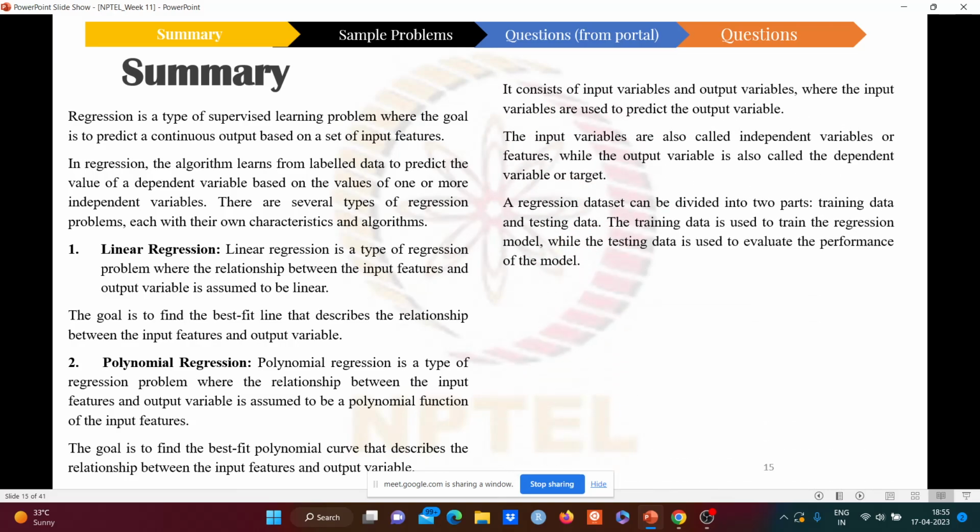Talking about the data, it consists of input variables and output variables, where input variables are used to predict the output variable. In a regression problem, the input variables are called independent variables or features, and the output variable is called dependent variable or target.